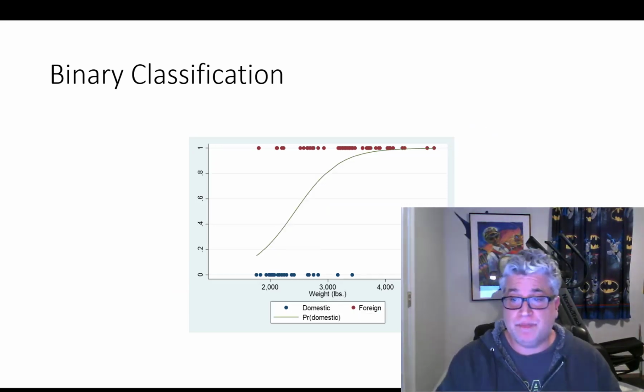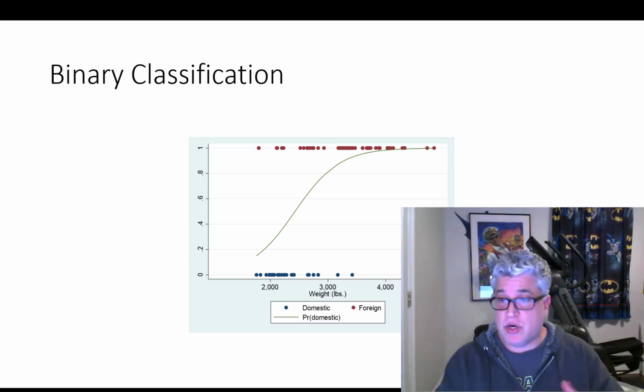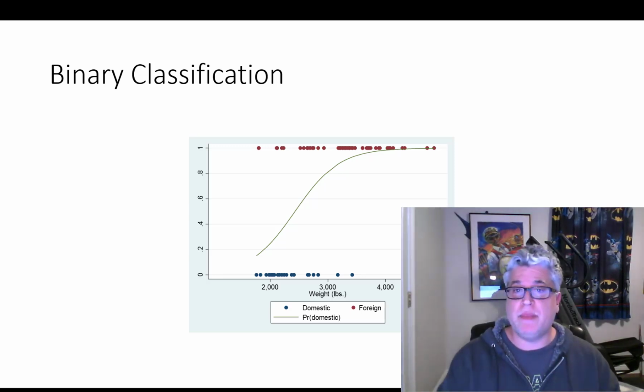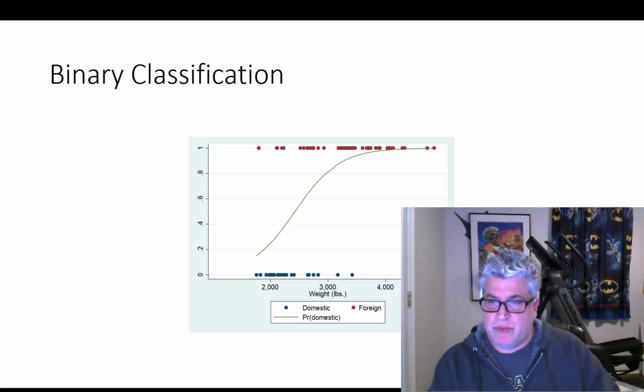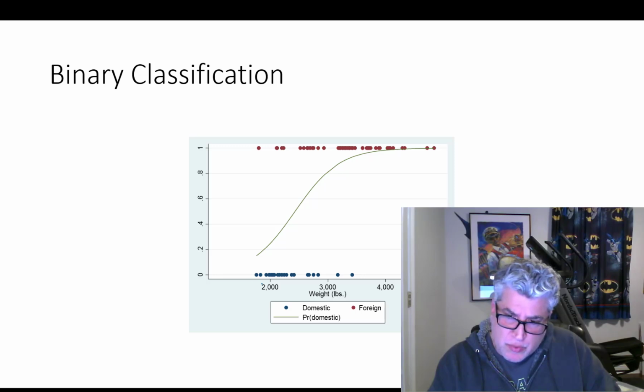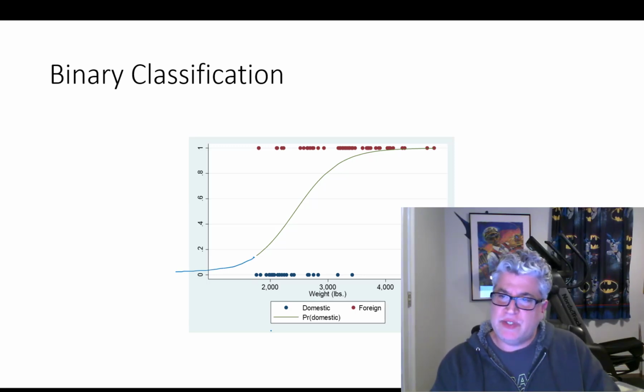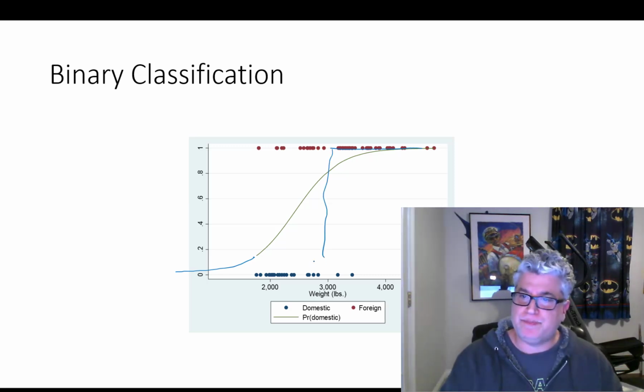Something like this. And in fact, this curve in statistics has a name. It's called the logistic curve. It's an S-shaped function. If I had cars that were even lighter, you would see this line asymptote like that. It's kind of like the step function that we did, but it's a little bit more smoothed out.